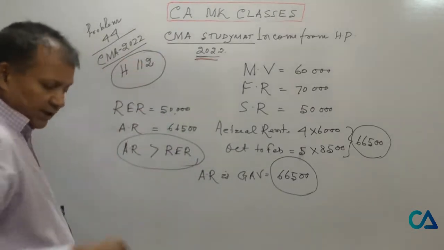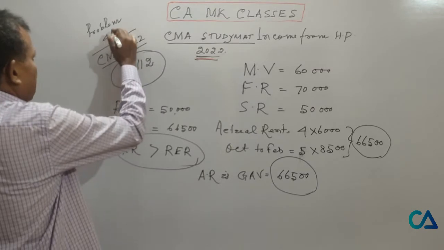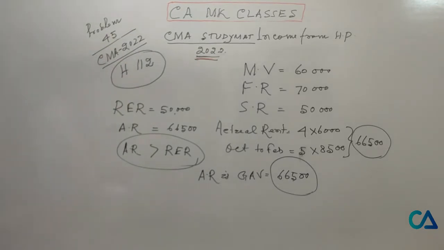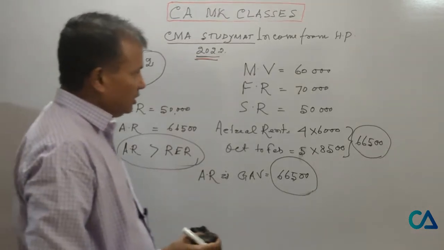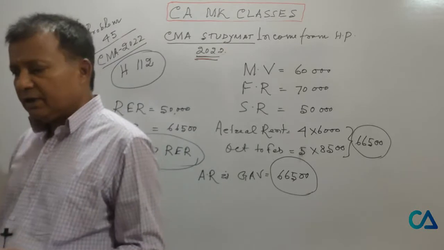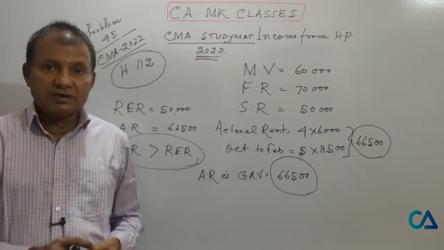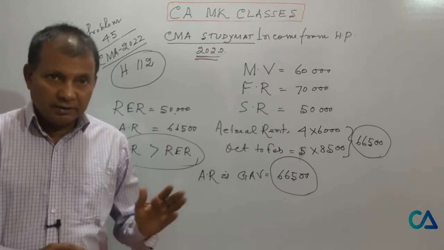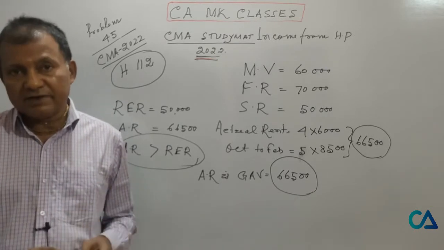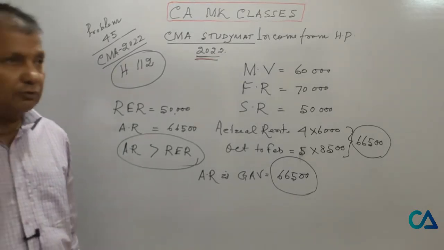This is the last problem of determination of gross annual value only, because problems 38 to 45, as I have told you, are all gross annual value, reasonable expected rent calculation. From 46 we will have complete problems up to 62.